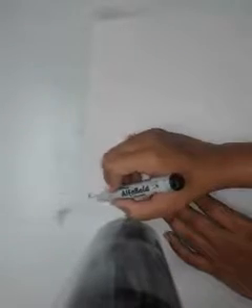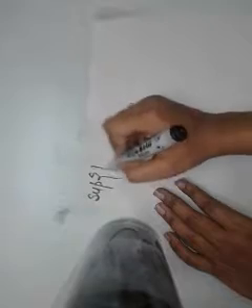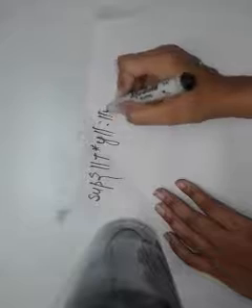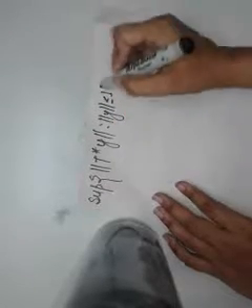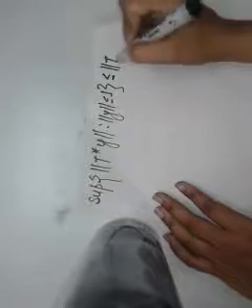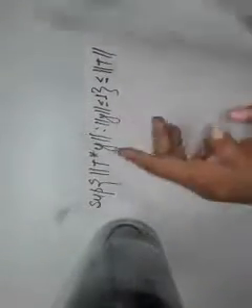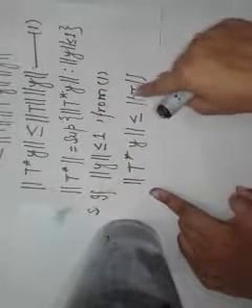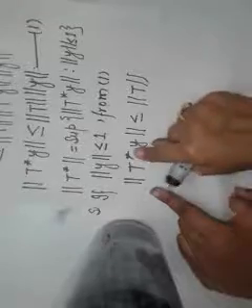So supremum of norm T star y such that norm of y is lesser or equal to 1 is also less than norm T. Why did we write this condition? Because in the starting we wrote that if norm of y is lesser or equal to 1, from 1 we can write that norm of T star y is lesser or equal to norm T. Now we have taken the supremum and put this condition and we got this one.